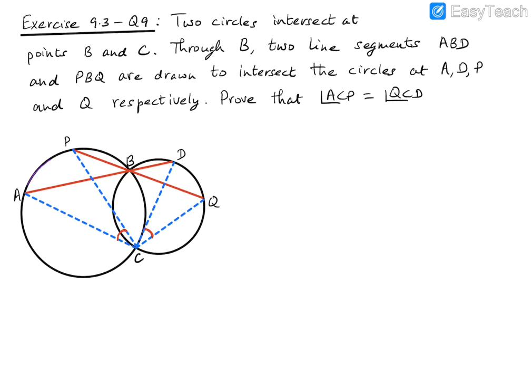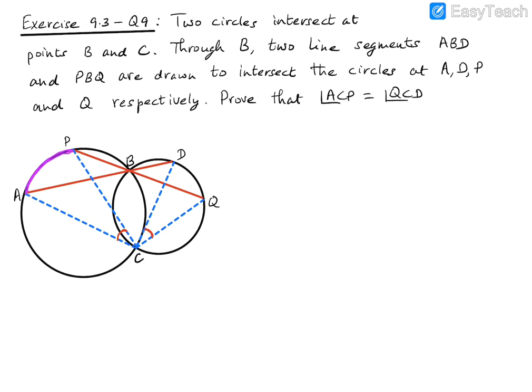So the segment AP of the circle is subtending this angle ACP at the point C on the circle. But we also notice that the angle ABP is also subtended by the same segment of the circle. So ABP is an angle subtended by the same segment AP of this bigger circle.